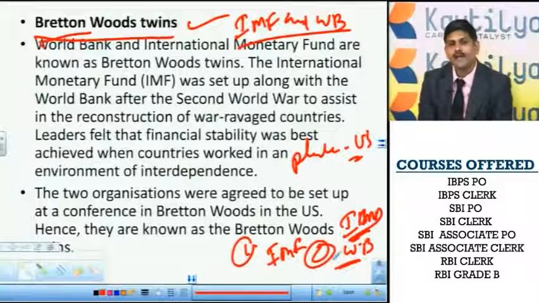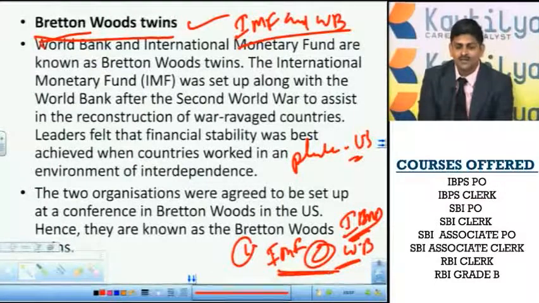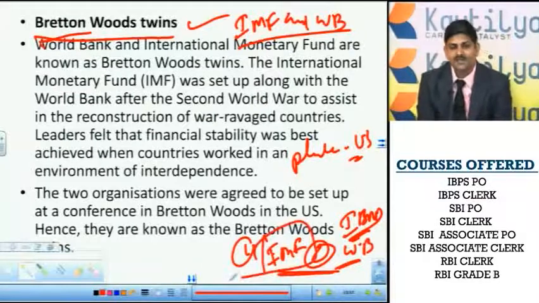Okay, so what is the IMF actually doing and what is the World Bank doing? What is the difference between these 2 organizations? As the name itself suggests, IMF refers to the International Monetary Fund. This IMF is for maintaining the monetary system. It helps nations maintain a good balance of payments.